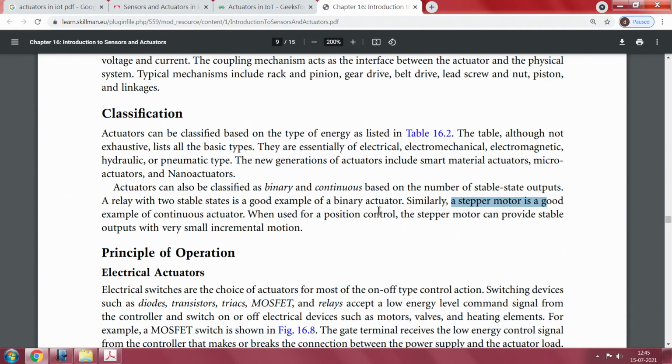Then you can think about it like a binary motion, that is in every 18 degrees it goes and halts there, right. So the notion of continuous and binary depends also a little bit on what you want to do with that actuator, like the solenoid as I mentioned. So be careful about the interpretation of continuous and binary actuators, okay.